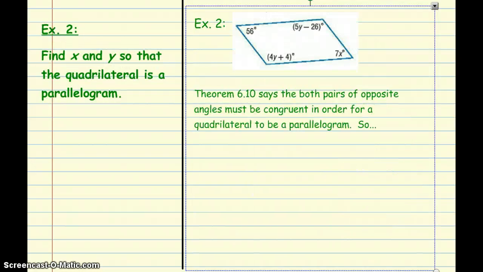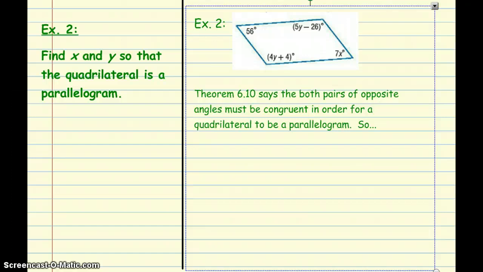So let's take a look at example number 2. We need to find the values of x and y so that the quadrilateral is a parallelogram. Thinking back to those theorems, 6.10 tells us that both pairs of opposite angles must be congruent in order for it to be a parallelogram.